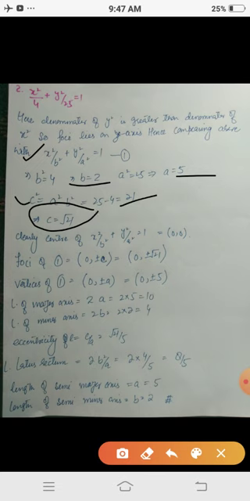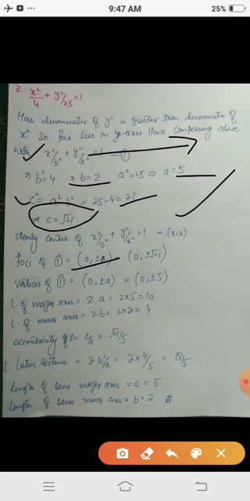Now the center of this ellipse is the origin, that is 0 0. Now the foci lie on the y-axis, so their coordinates are 0 plus minus c, which implies 0 plus minus root 21. That is, 0 root 21 is the first focus, and 0 minus root 21 is the coordinates of the second focus.